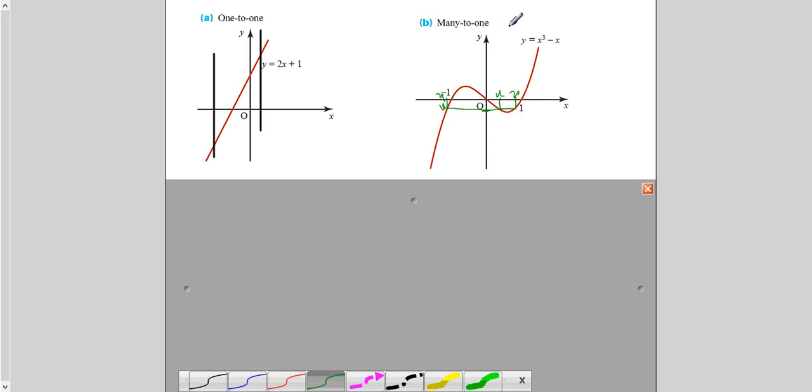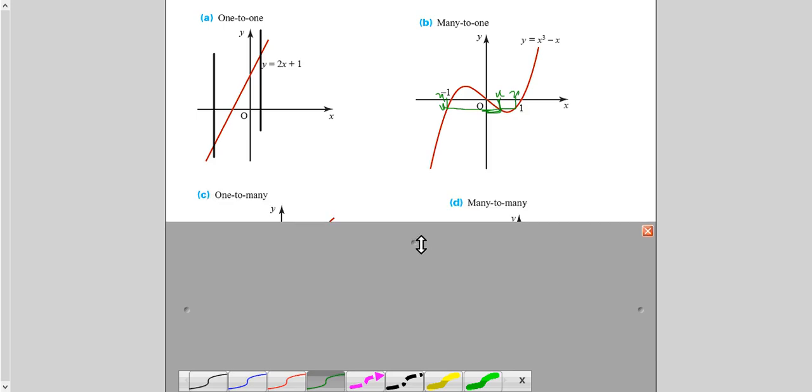Many-to-one is a function because the definition of a function is that for every input, there should be only one output. It doesn't say that the output cannot be the output of any other x. So every input has one output, and this definition is fulfilled. So it is a function, but because that value of y is the output of other values of x also, it is called many-to-one.